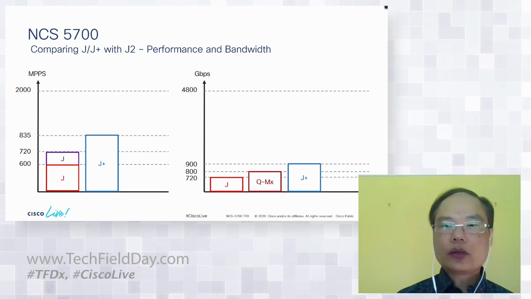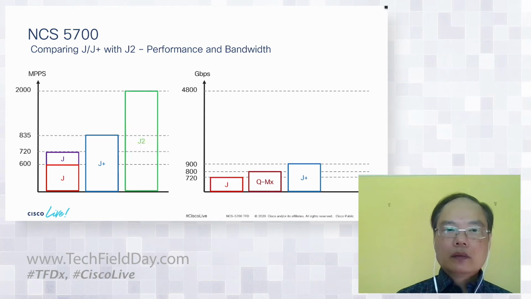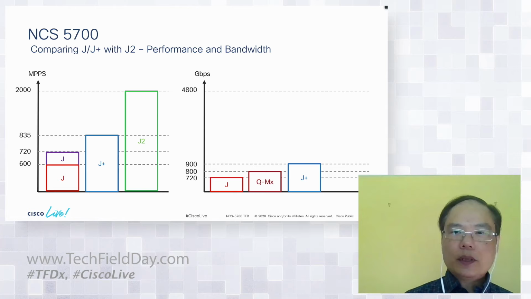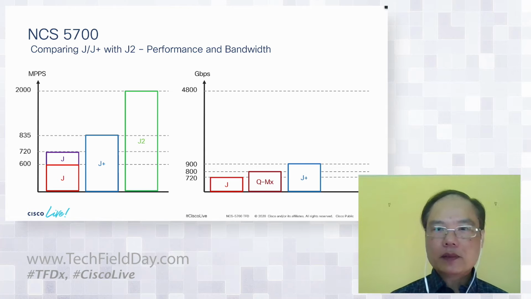This is a chart on current Jericho and Jericho Plus performance. Jericho II has increased its PPS performance from about 800 million PPS to 2 billion PPS, which is about 2.5 times enhancement.